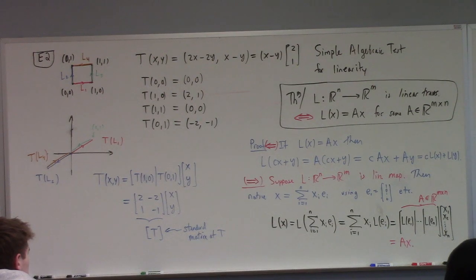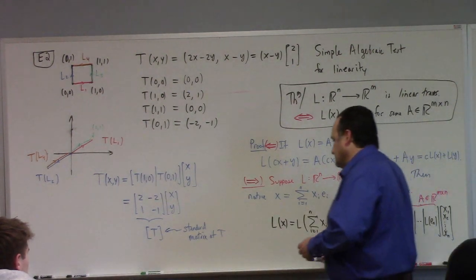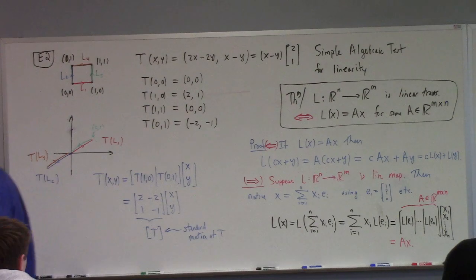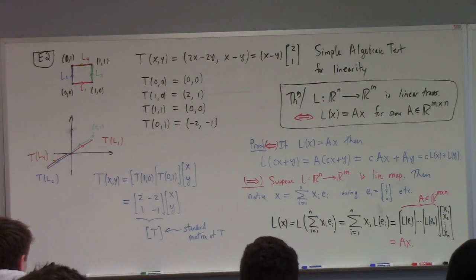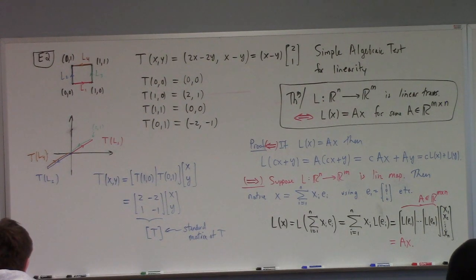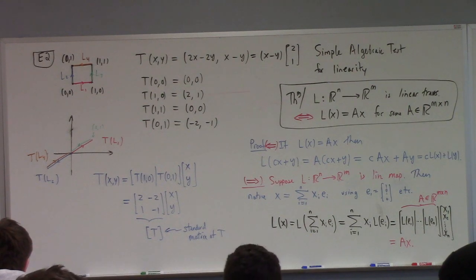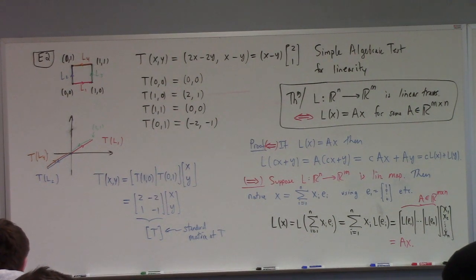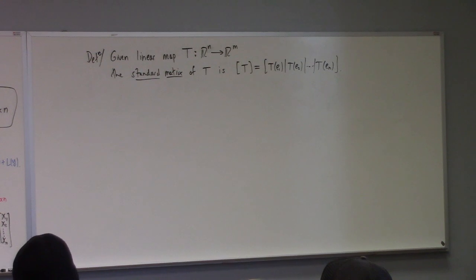This is the standard matrix of a linear transformation. With respect to that standard matrix, the formula for T is just T of x equals the standard matrix of T times x. Simple as that. All right?